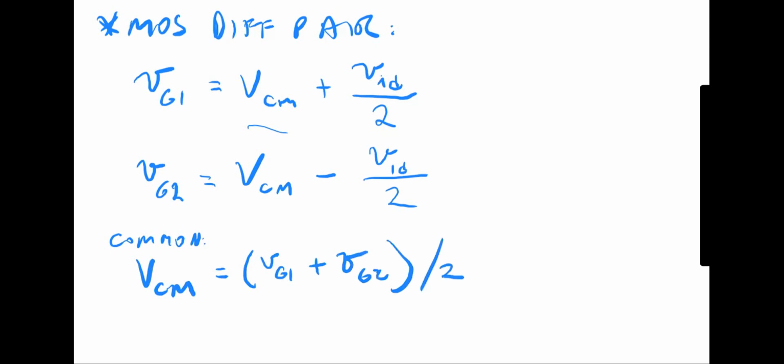So that gives you an average. We can say that common voltage is the average of the voltages at the gates.